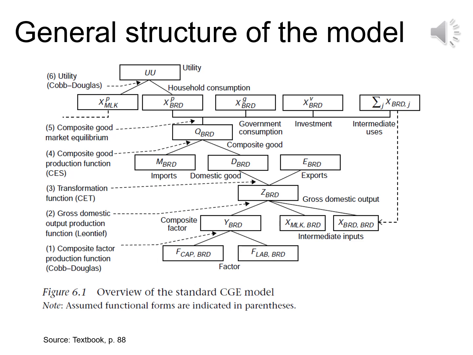So what they do is they're combining capital labor, which is composite factor, and the intermediate inputs to produce what we call a domestic output. We will call this gross domestic output. To combine the composite factor and the intermediate inputs, they are using what we call a Leontief production function.